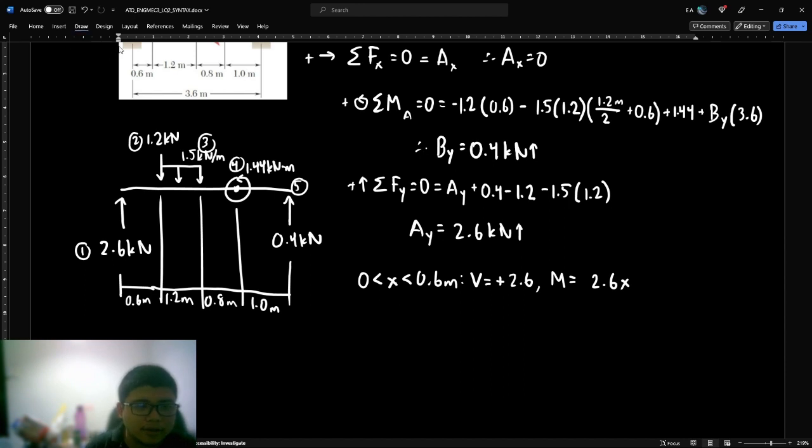Take note that our section would be from here. So this is our x value. So this would be 2.6 times x. We need the moment from here. 2.6 times x. And since this is going to make a smile, this is also positive.